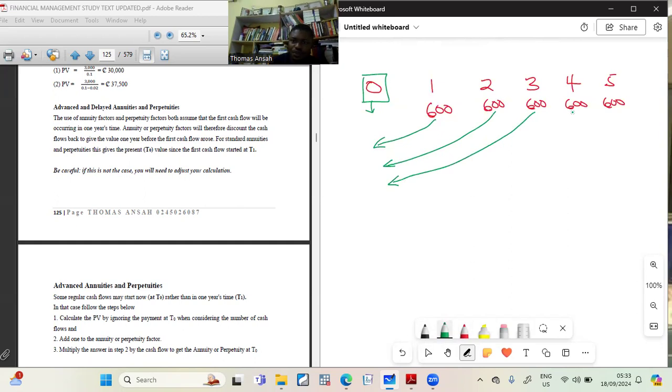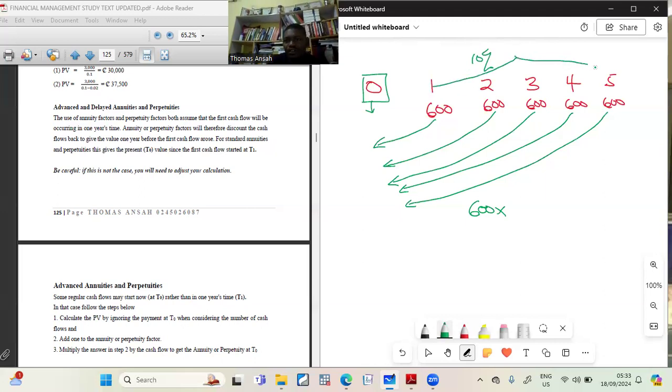This is where you pick up your annuity and read your annuity. In a simple annuity like this, we pick one of the 600 because the cash flow is the same every year. Then if it's 10%, you go and read 10% for 5 years. So let's go quickly and read 10% for 5 years and come back.